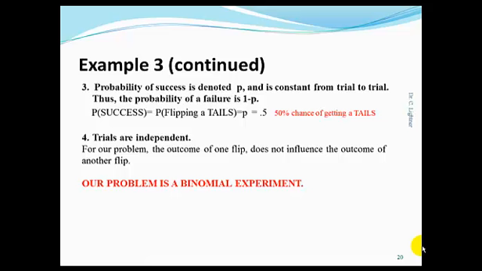In step 4, for our problem, the outcome of flipping a coin on one trial does not influence the outcome of flipping a coin on another trial. Therefore, we declare that our trials are independent. After stepping through all four of these steps, we find that our problem is indeed a binomial experiment.